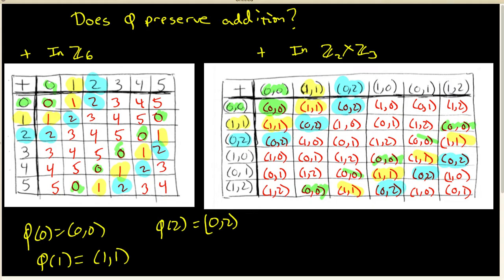And let's see, the next thing that I want to consider is phi of 3, and phi of 3 was defined to be 1, 0. Let's use this pretty purple color, and we'll do a pretty purple color for the 3's.